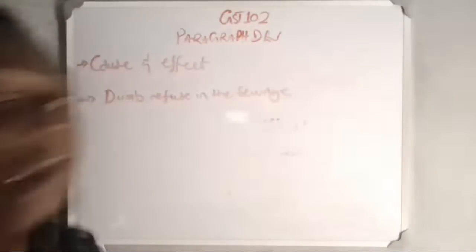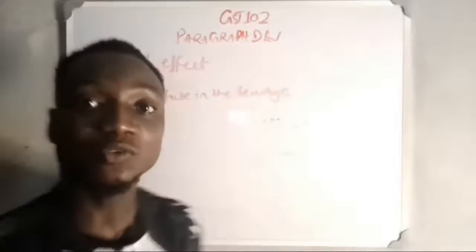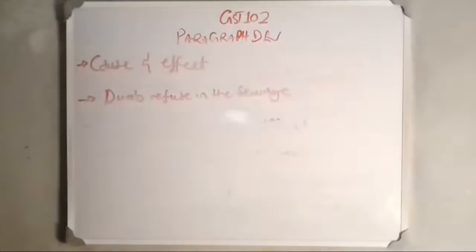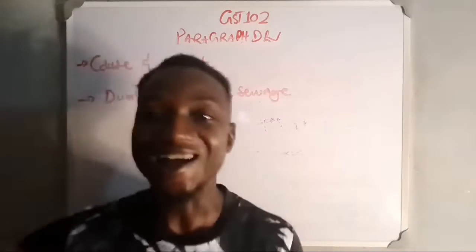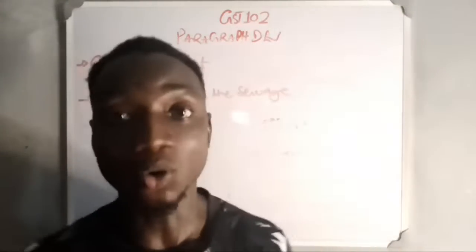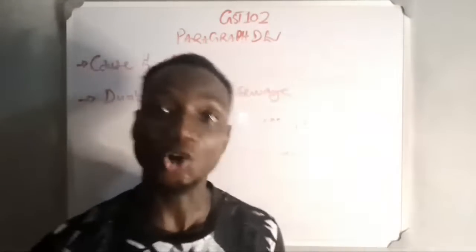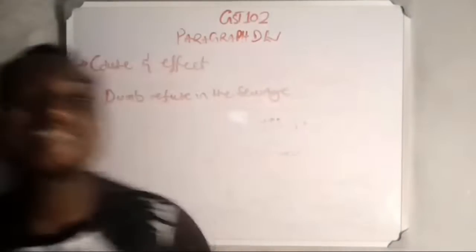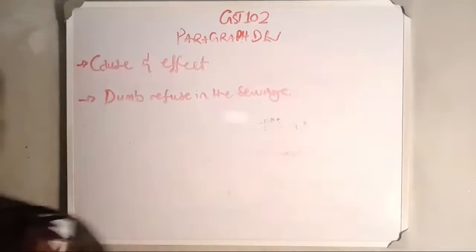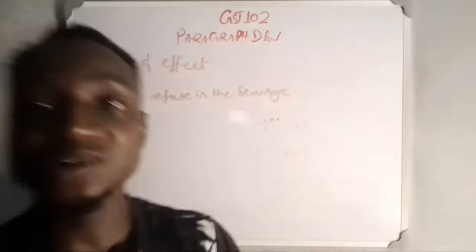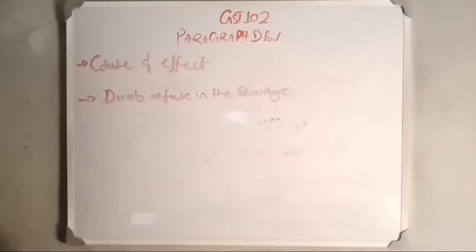Facing the wrath of the law is no coincidence. It simply means that you have kicked against the law, so you face the consequence of kicking against the law. So this is the cause and effect strategy in developing a paragraph.